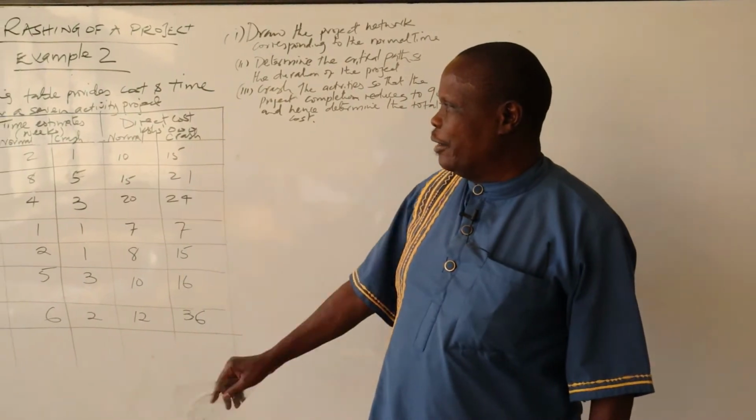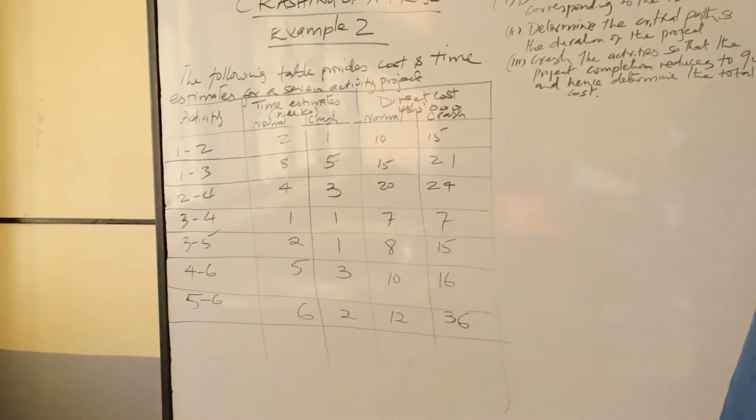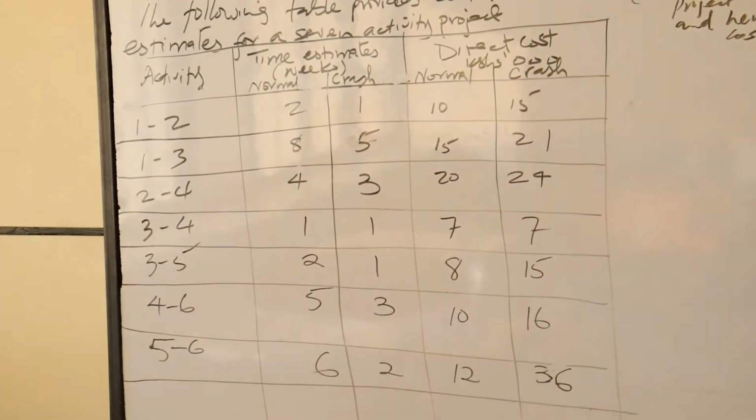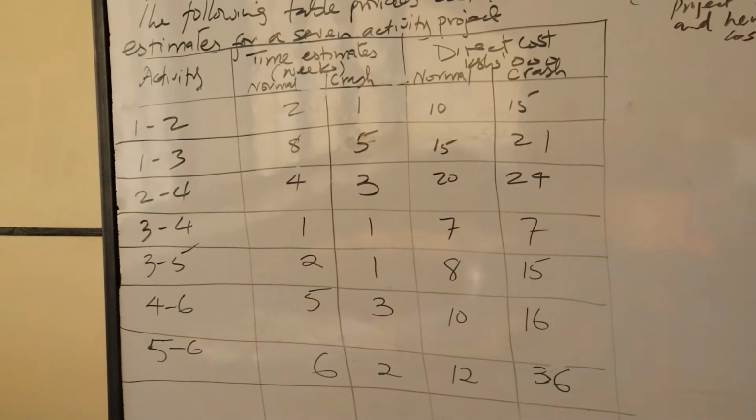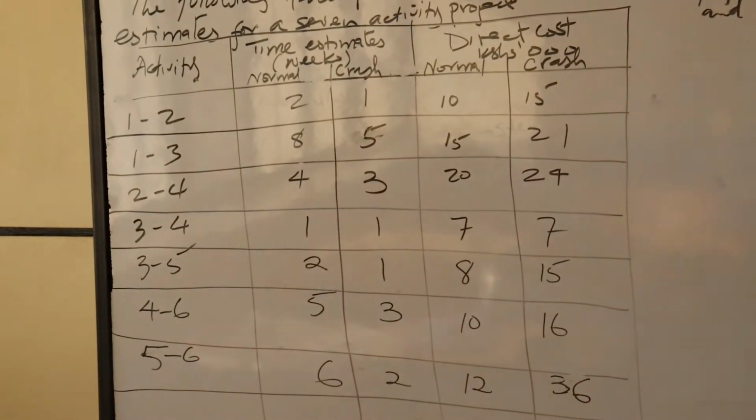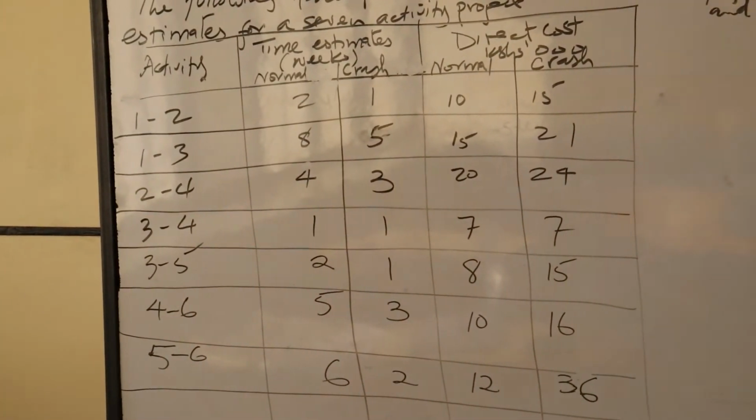I'm guided by the information in column 1 and the second column, because we are going to use the normal duration. So this is how it is constructed.